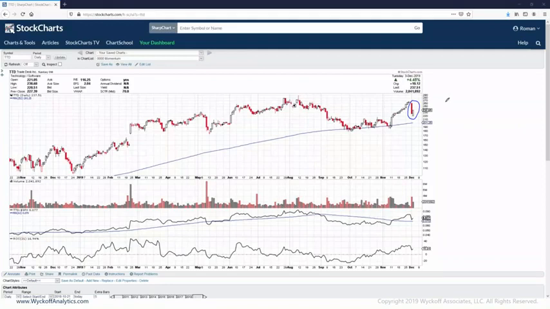And any news catalyst, especially related to something like tariffs, is going to be the trigger for them to sell.